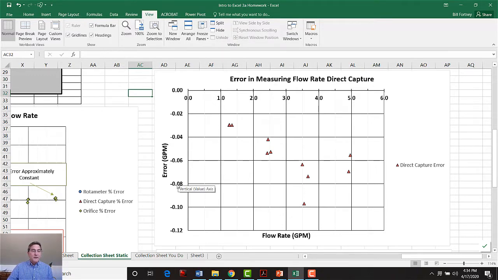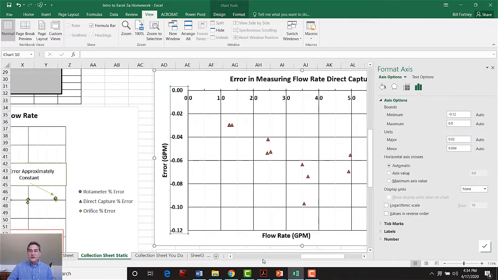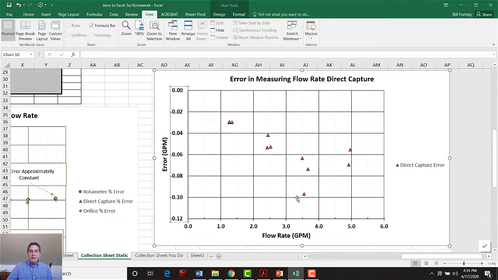Don't worry about it. Right-click on the right axis and say Format Axis, and then notice right down here, horizontal axis crosses. By default, it's automatic. No, I want to say a particular value, and I want the horizontal axis to cross at minus 0.12. So I'm going to say minus 0.12, and lo and behold, that moves down there, and now everybody's happy.